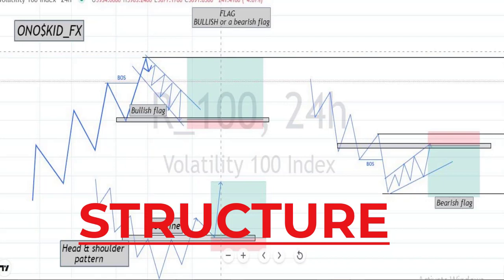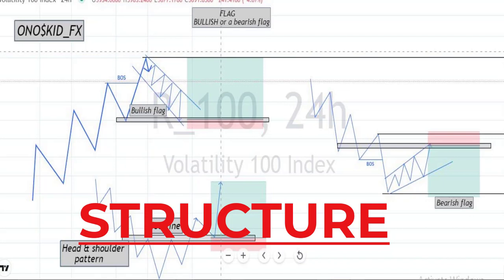Okay, so what do I mean by that? Structure will help you to identify the trend in the market. Okay, you have to determine your market trend, like what kind of structure is the market forming. So by identifying the trend in the market, you can now look at what your bias should be, whether you are looking for a sell or you're looking for a buy in the market.